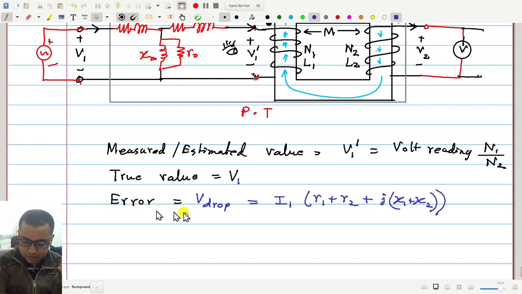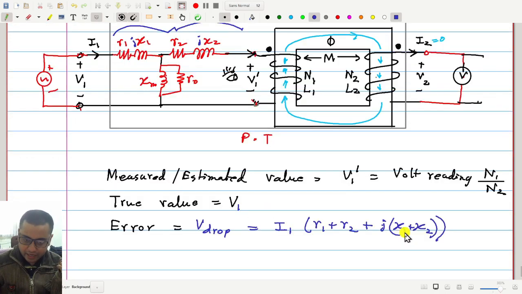Okay, and now one more approximation you see here. We are assuming that this I1 is flowing throughout here and here. A part of I1 is also going through this. So the current here and the current here are not exactly equal, but the current that bypasses through XM and R0 will be much smaller.